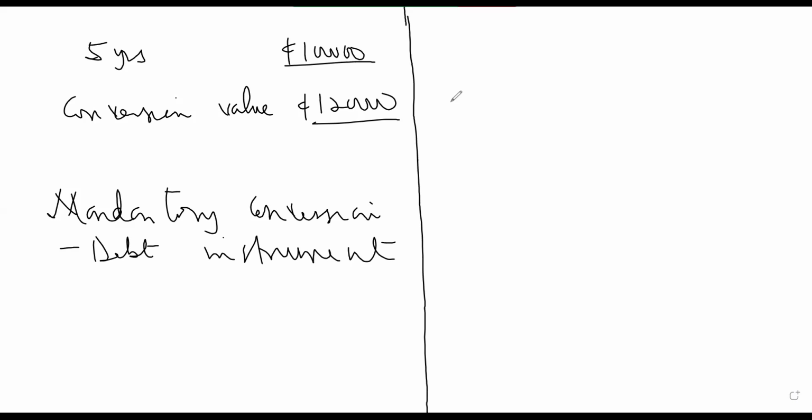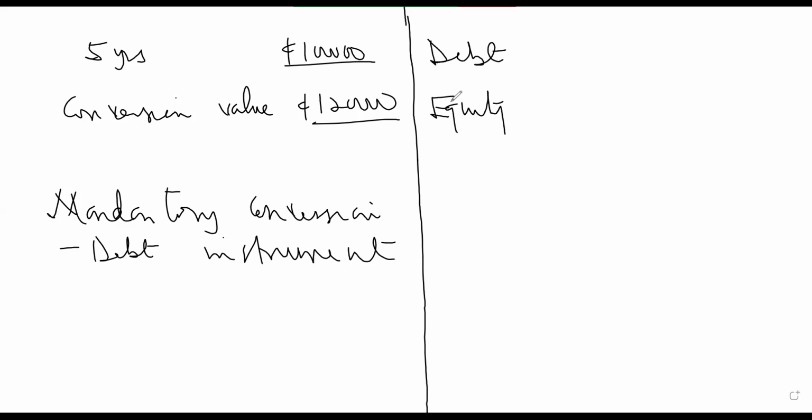So if it is a normal convertible instrument, what do we do? What we do is that we try to find the debt component, and we also try to find the equity component. So the instrument is going to have debt and also equity.